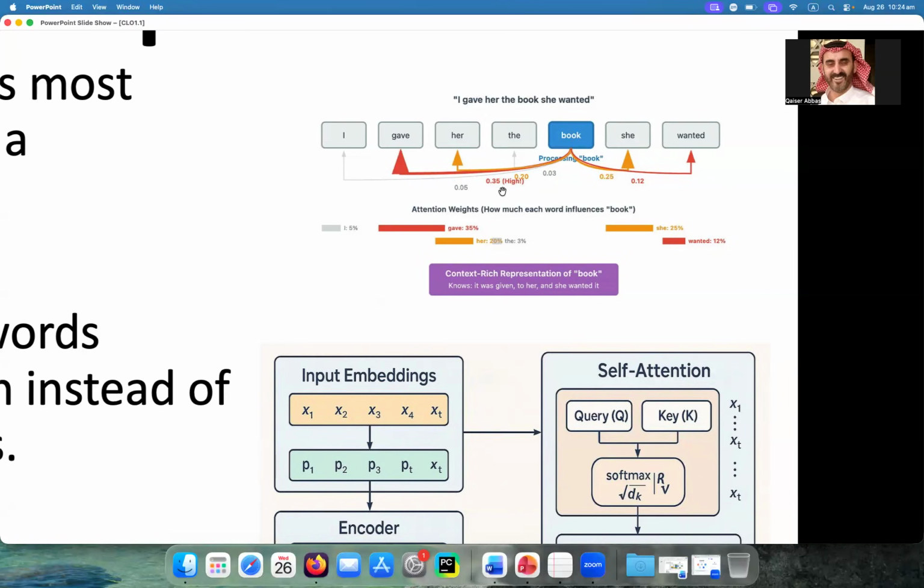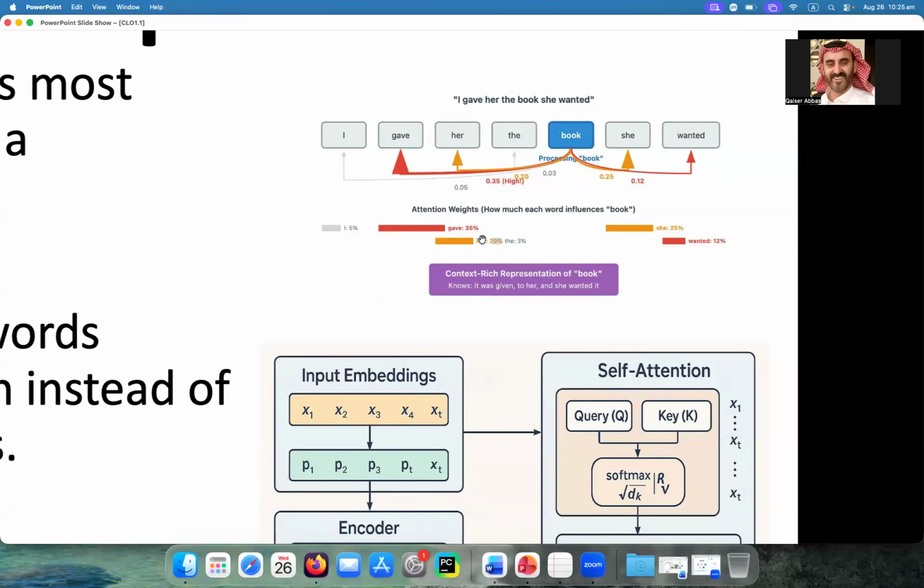Then gave has a relationship with the book; the probability calculated by the attention mechanism is 0.35. Similarly for her, it calculated 0.20. Then for the, which is a determiner, it is 0.03, which is 3%. Then she with the book, 0.25. Wanted, 0.15. We are highlighting these probabilities again with colors here.